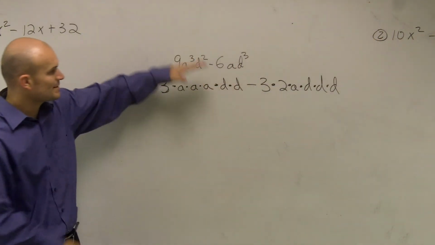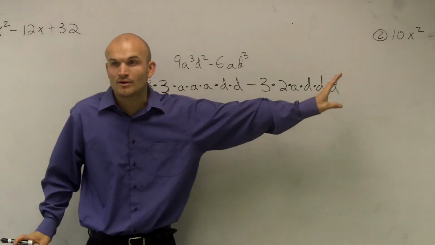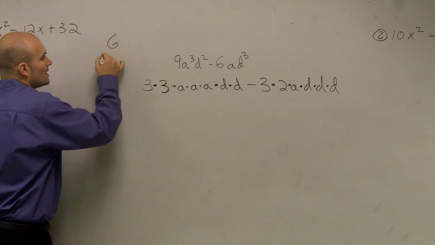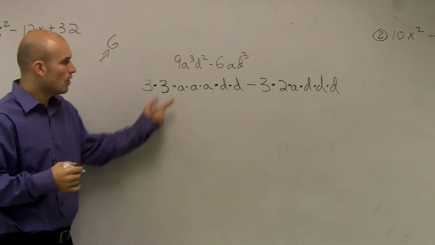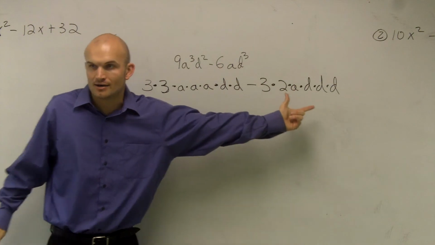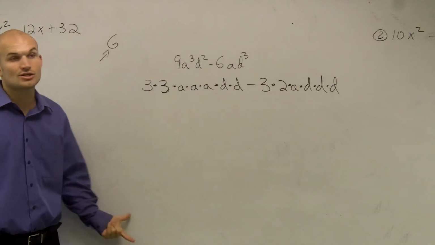Now take a look at this huge expression. I went from here to here and just wrote all the factors out. Now, just like we did with 6, what goes into this and goes into that? What is it they share? Let's start with the numbers.